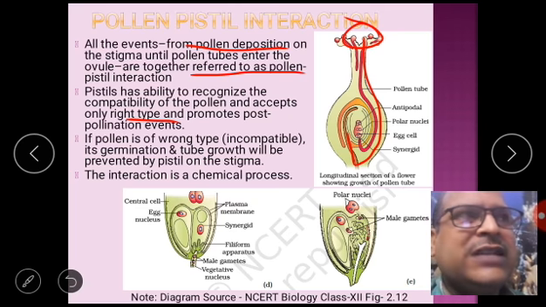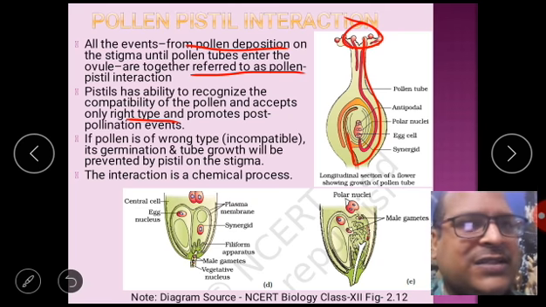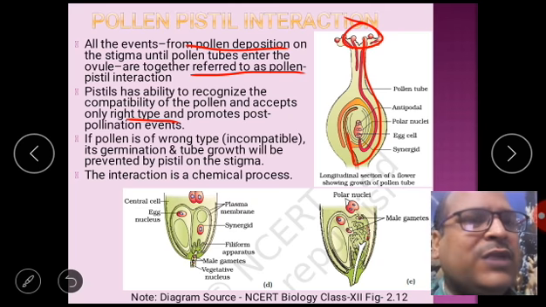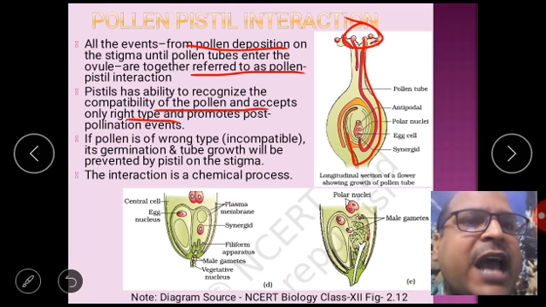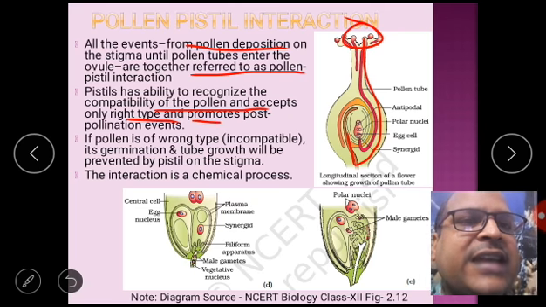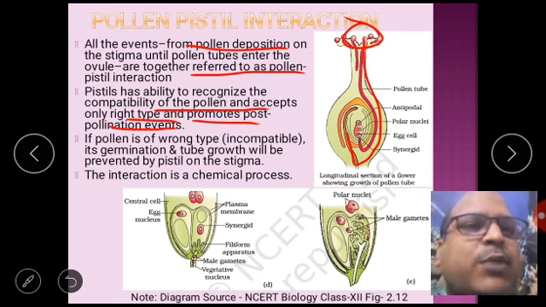It will recognize that this is not of the right type, so it will reject it. That rejection and acceptance is the ability of the pistil. So you must know the pistil has the ability to recognize the compatibility of the pollen, accepts only the right type, and promotes post pollination events.